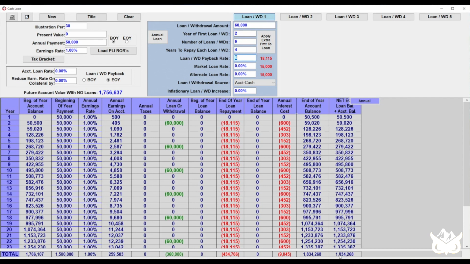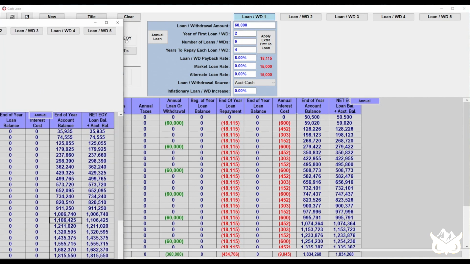So you went from 1.756 million to $1.834 million, that number down here in the lower right. That's just by applying the banking principles, which makes sense. We're adding an extra interest cost, but you need to grow that pool of money. So that's the first step in being an honest banker.